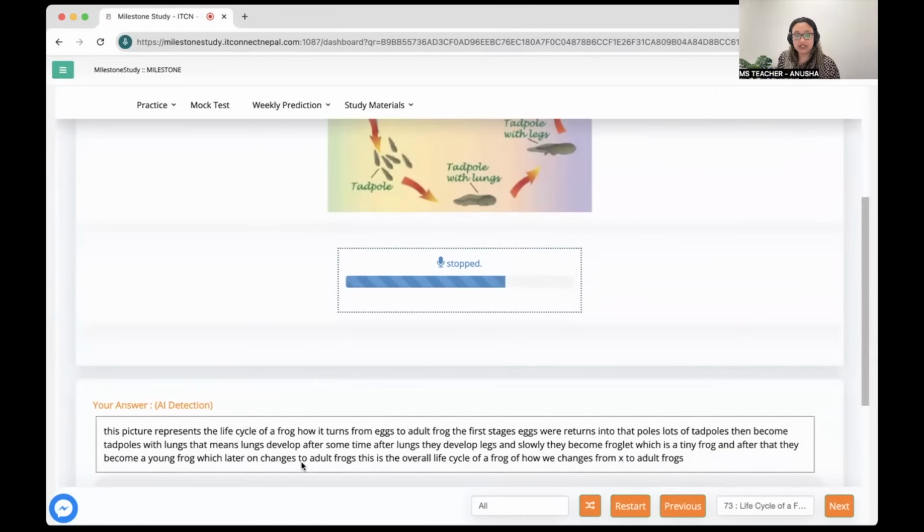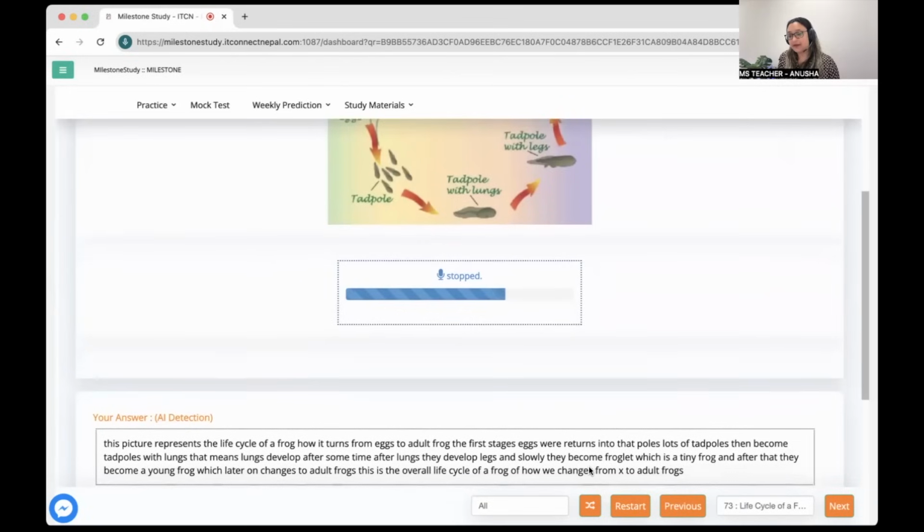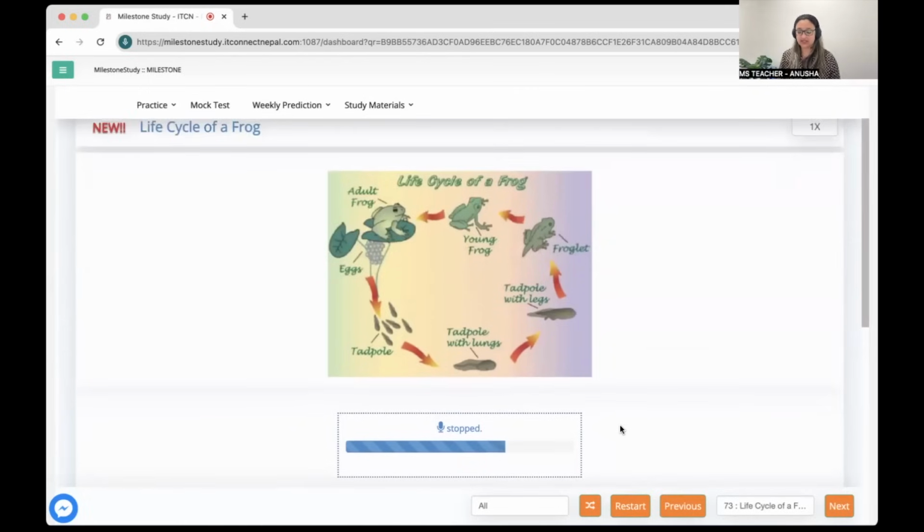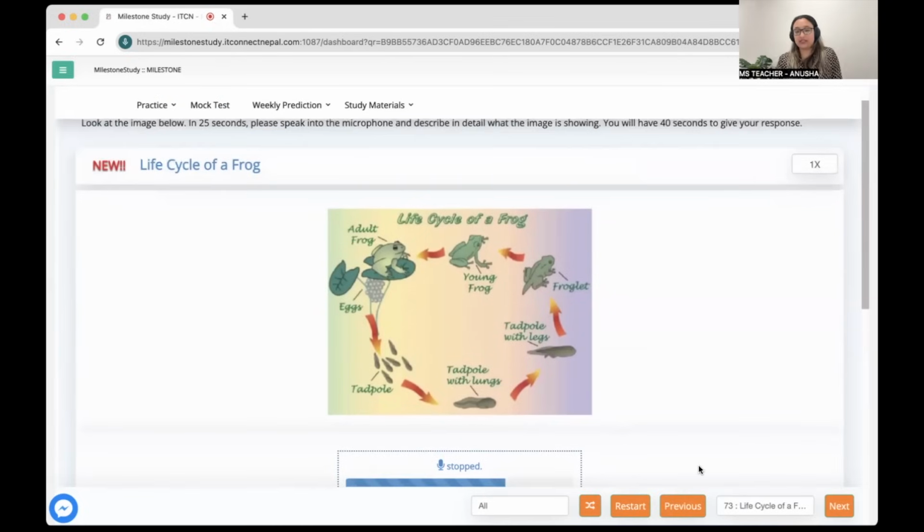Then also in the end, I also said something like the life cycle of a frog, of how it changes from eggs to adult frogs. Yeah, it's a different story that it's taking my eggs as X. Okay, obviously this AI detection is another whole different level. Okay, so that is about a life cycle.